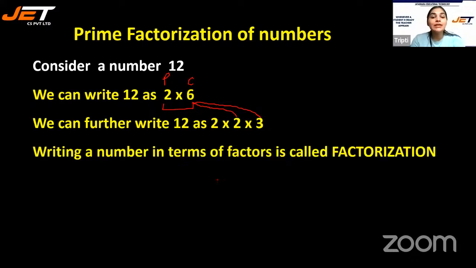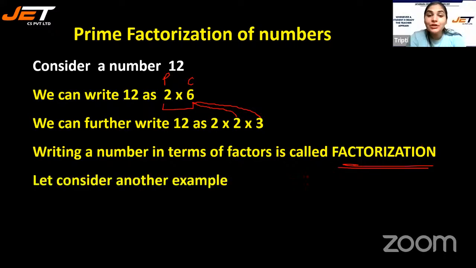Writing a number in terms of its factors is called factorization. When you write the numbers in terms of its factors, like 12 is written as 2 times 6, that is what we call factors. But what is prime factorization? When you write the number in terms of their prime factors. Factorization is like you're writing in terms of factors, no matter whether it is a prime number or a composite number.